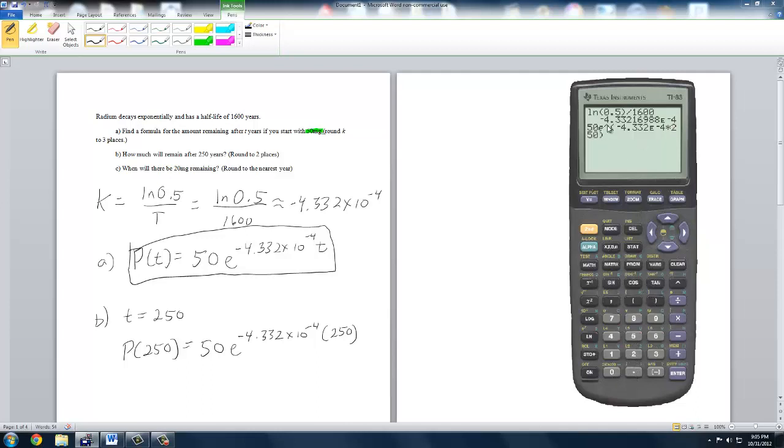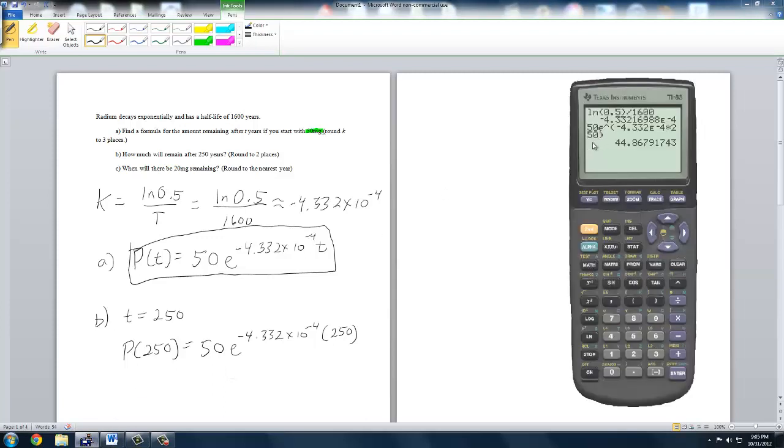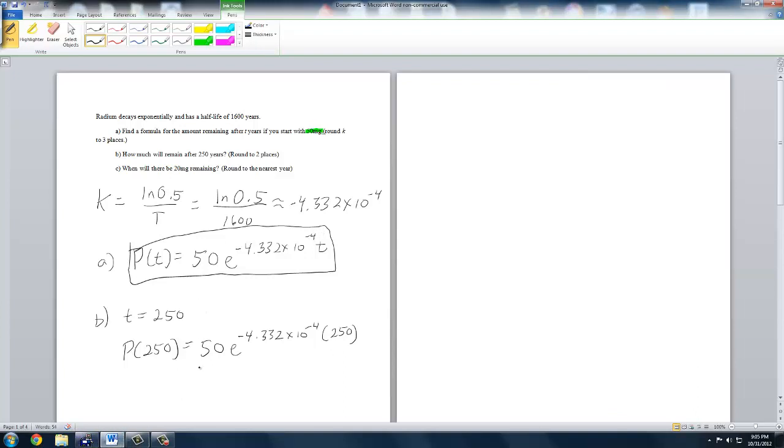Make sure you have parentheses around the whole thing for the exponential. Round to 2 places, so we have the answer, 44.87. So 44.87 milligrams. And that's the answer to part B.